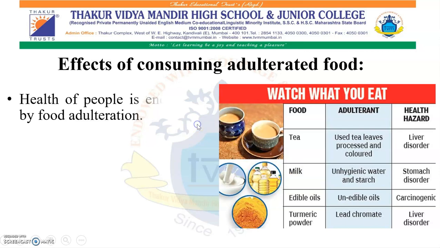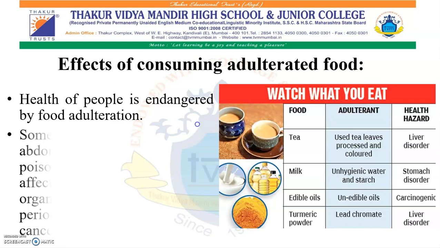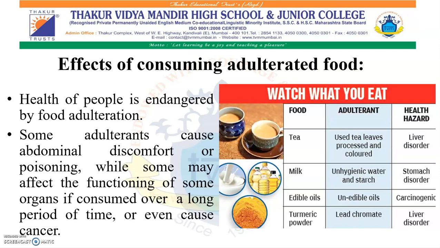So, the effects of consuming adulterated food are that the health of the people is endangered by food adulteration. Some adulterants cause abdominal discomfort or poisoning, while some may affect the functioning of some organs if consumed over a long period of time, or even cause cancer.